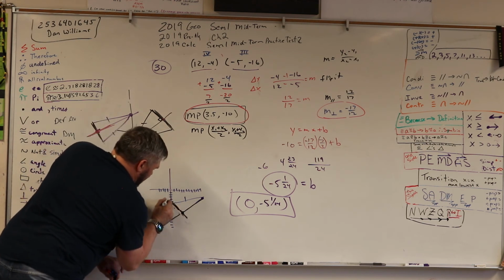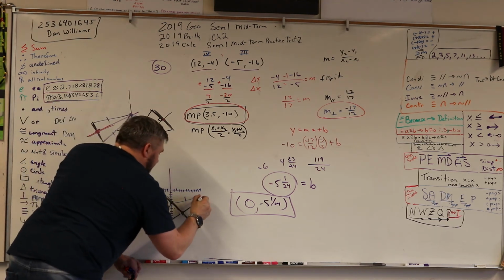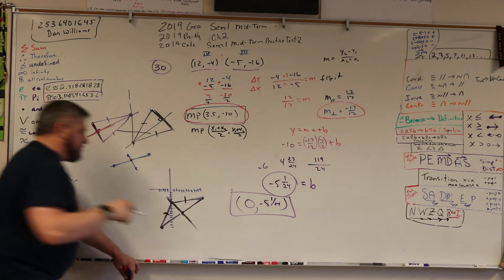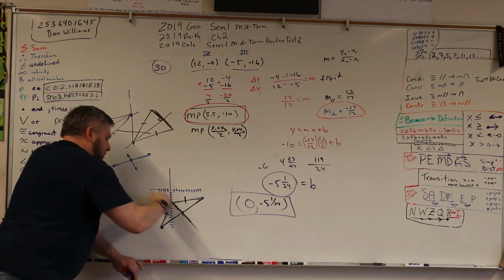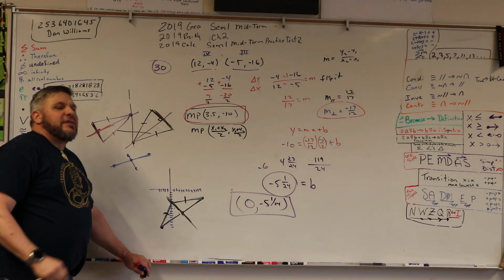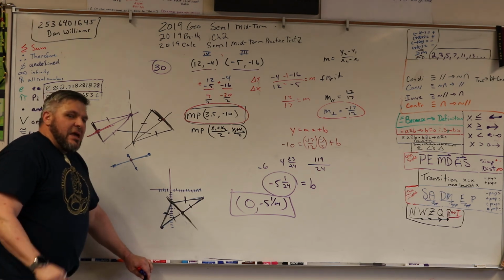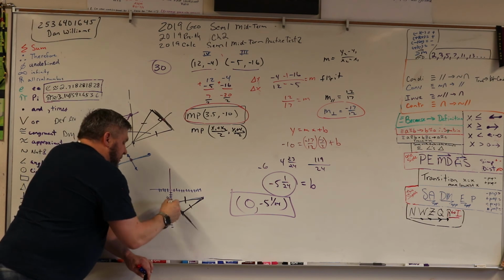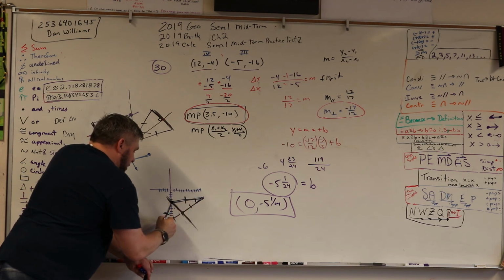And when we do that, we create this beautiful isosceles triangle, right? It's isosceles because this is what we call a perpendicular bisector. That means these 2 sides have to be congruent, right? And because those 2 sides are congruent, that means that the 2 angles created here are going to be congruent.